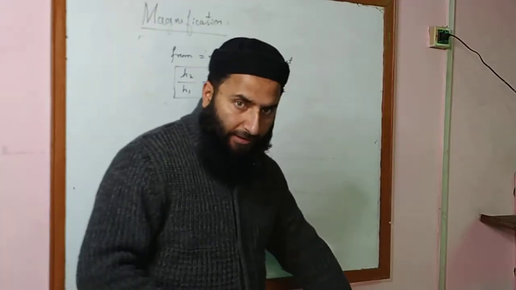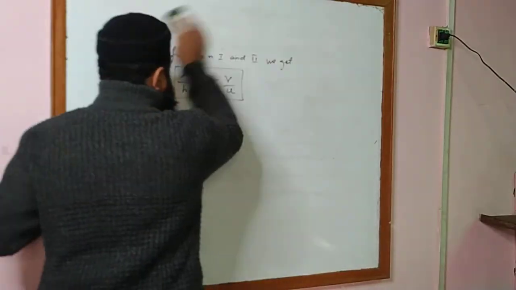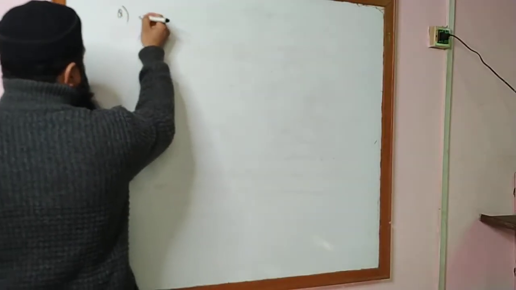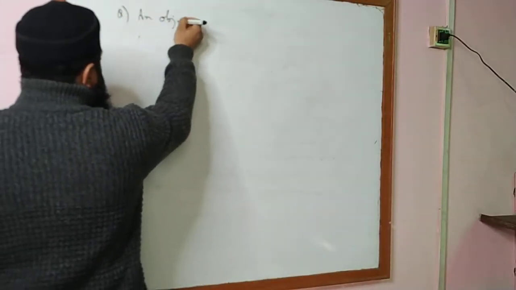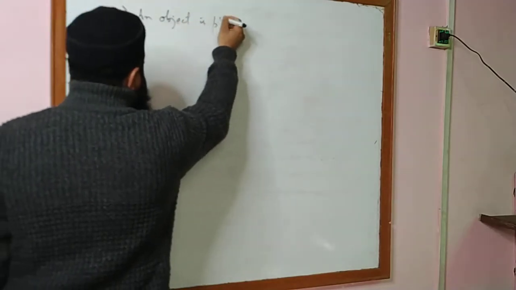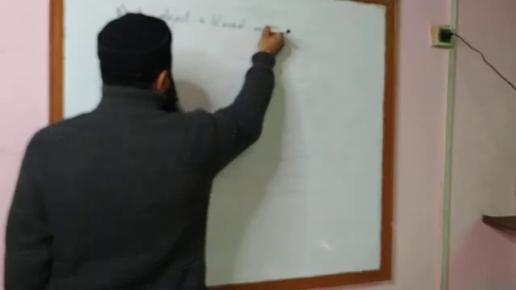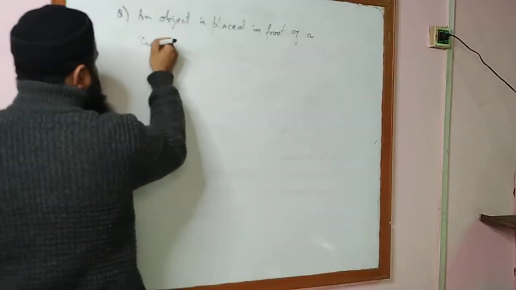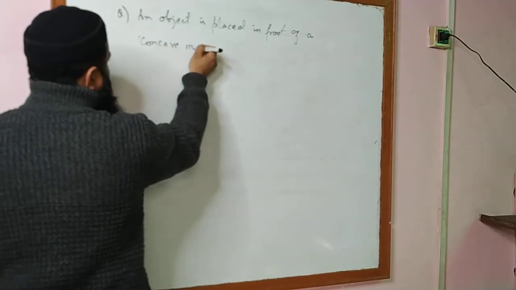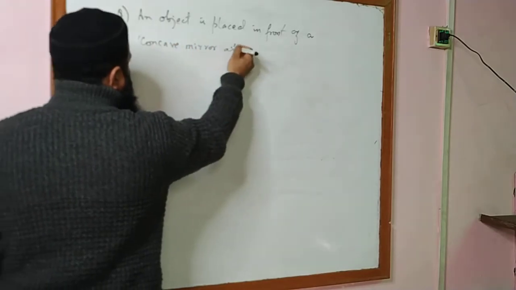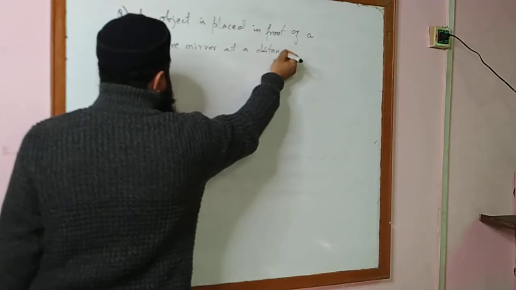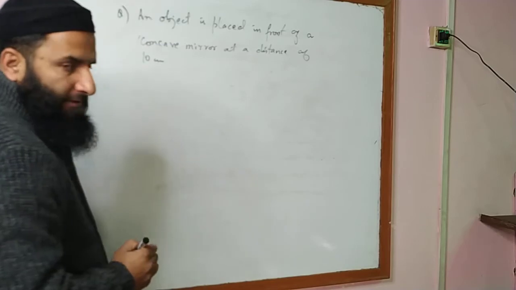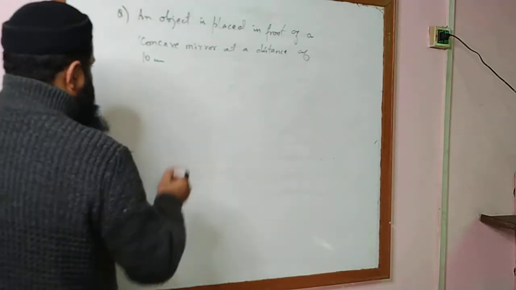Let me write down a numerical. The question goes like this. An object is placed in front of a concave mirror at a distance of 10 centimeter.